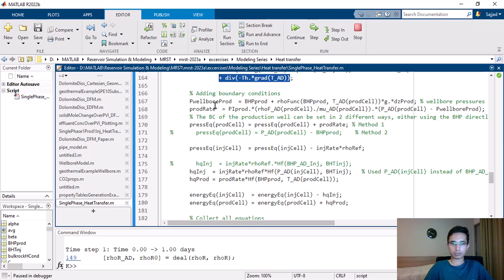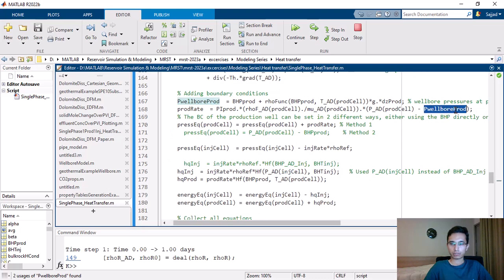What we have done here is to calculate the pressure of the production well at the location of the perforations, and then we use this pressure at the perforation to calculate the production rate, which is the mass rate of the production well, and we add this to the pressure equation of the production cell.